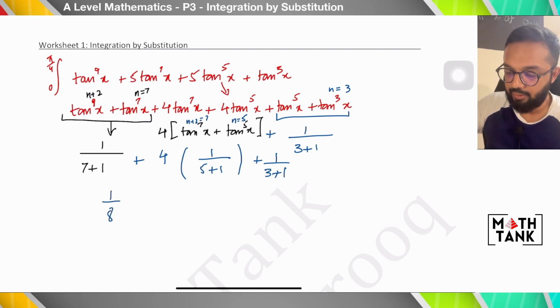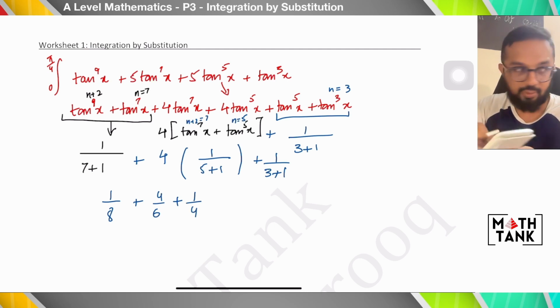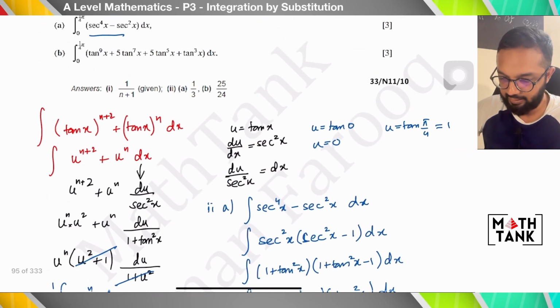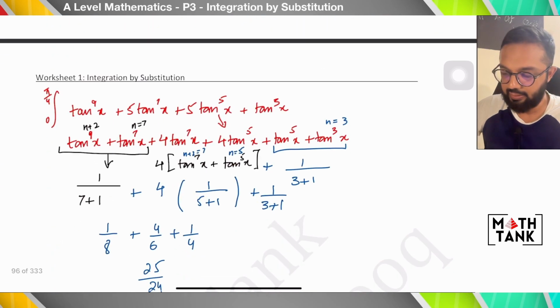So I have 1 over 8 plus 4 over 6 plus 1 over 4. Adding all of these up gives me 25 over 24. Let's check if that is the right answer. Yes, that is indeed the right answer.